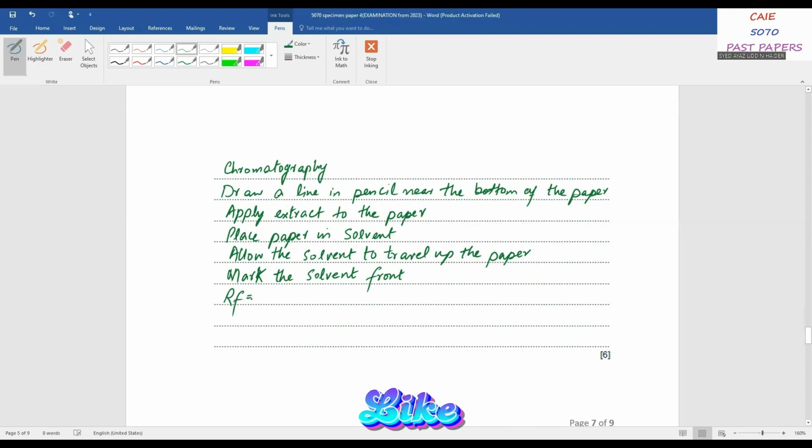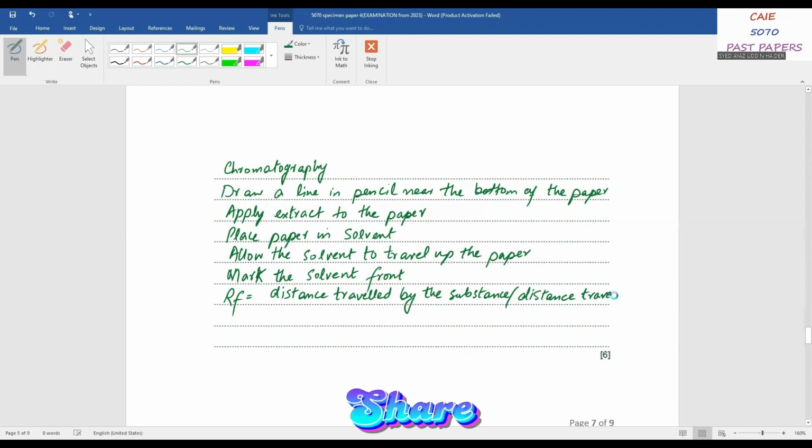RF can be obtained by dividing the distance traveled by the substance by the distance traveled by the solvent.